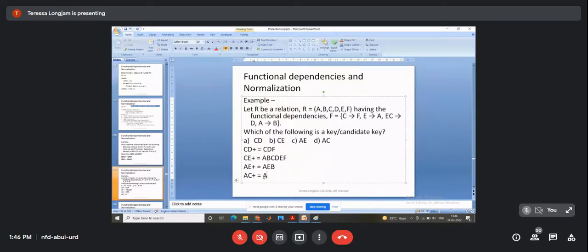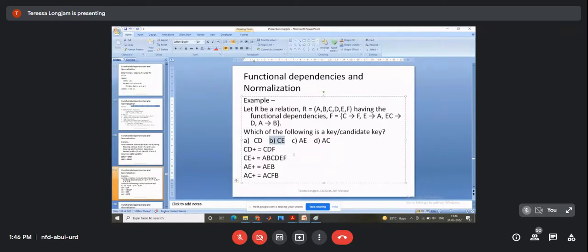A, C, F, ACF, B. Now, which one is going to be the correct answer? The answer is going to be B, which of the following is a key or candidate key.